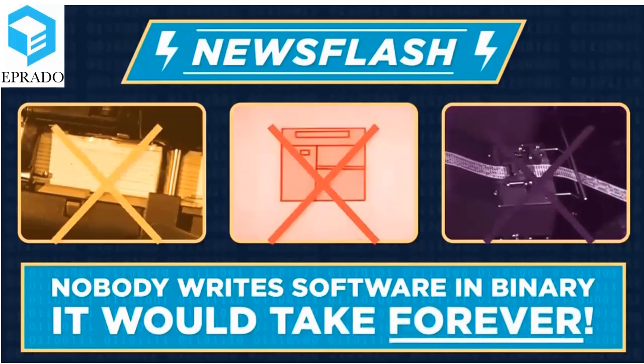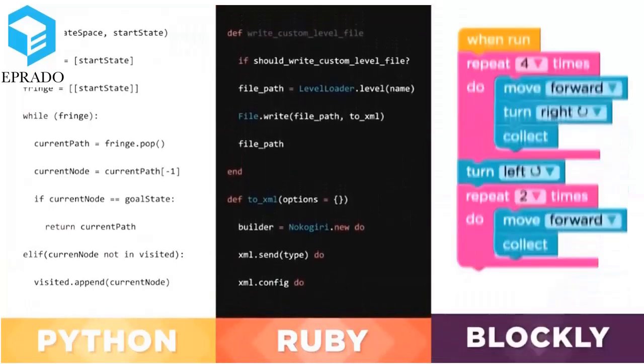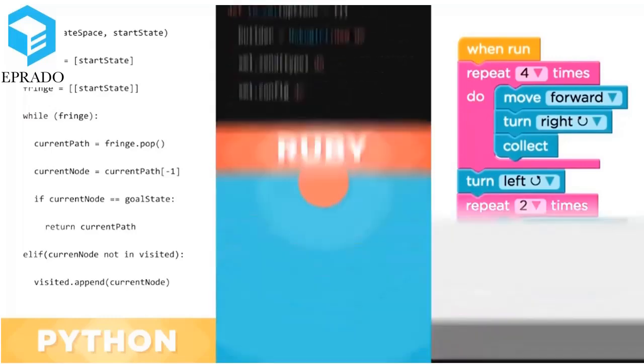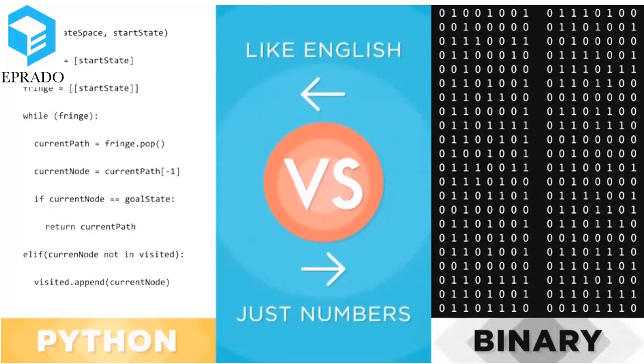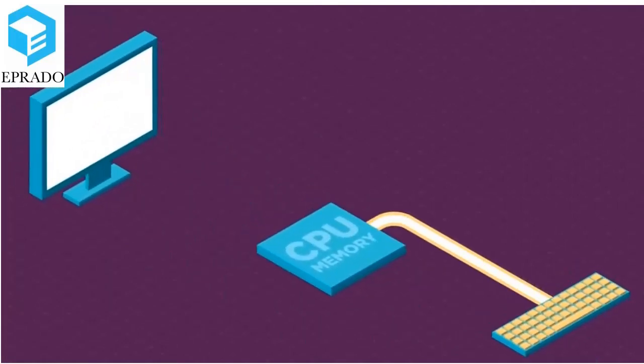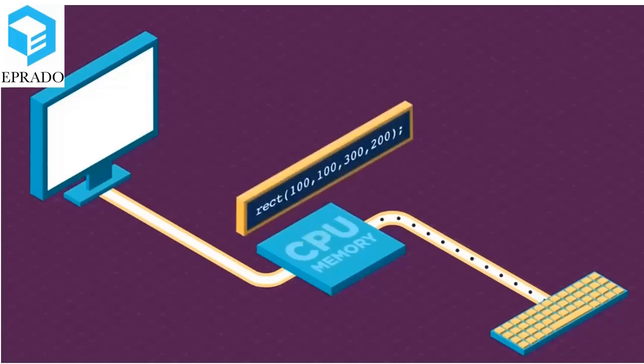But nowadays, things have changed. We can now program the computer in a high-level programming language that is likely to be in English. So, not just numbers. These programming languages like Python, Ruby or Blockly use simple commands that can be understood by us easily.